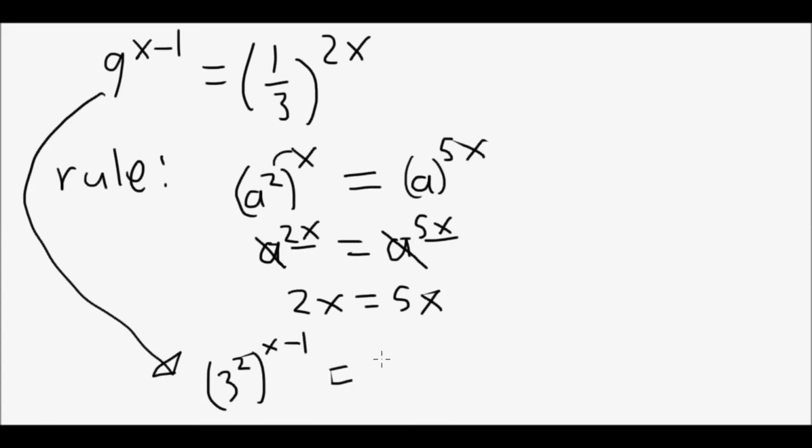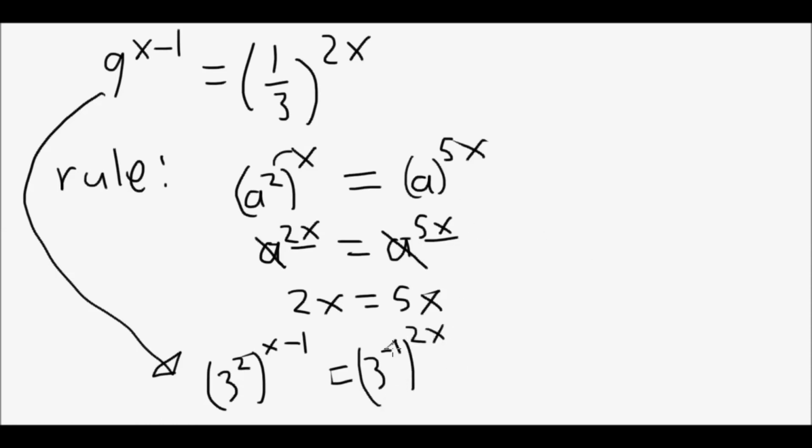And this is equal to, now we have to make the bases the same in order to cancel them out. So we will have to flip 1 over 3 to 3 over 1. So it's just 3. And this is going to be to the power of negative 1. And following along, to the power of 2x.